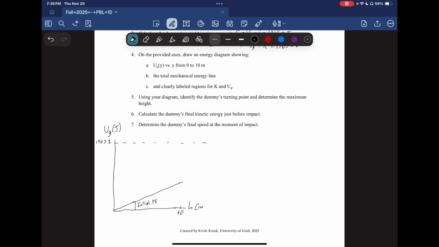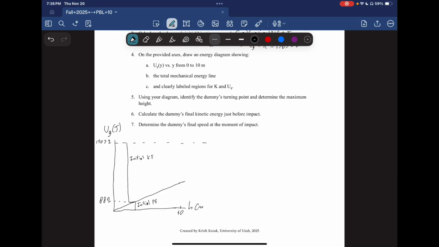So here is our initial potential energy. And then this top part, the distance to the line, represents the initial kinetic energy. And so this is our 882.